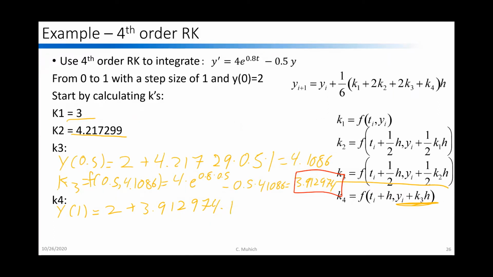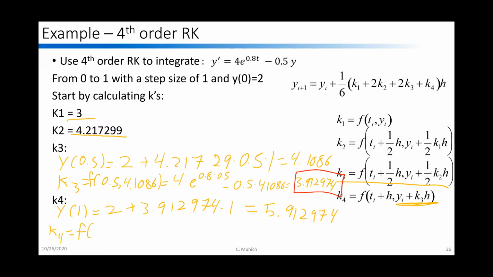So I'm getting the full time step now, which is equal to 1. So now I can punch all the numbers in. I get 5.912974.